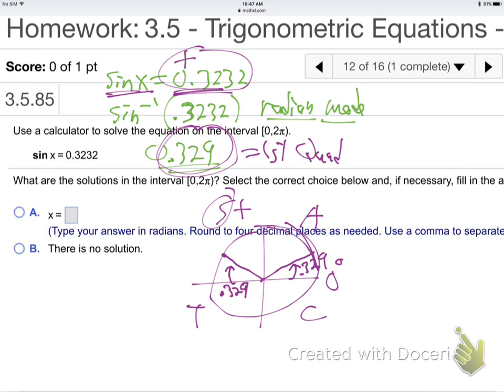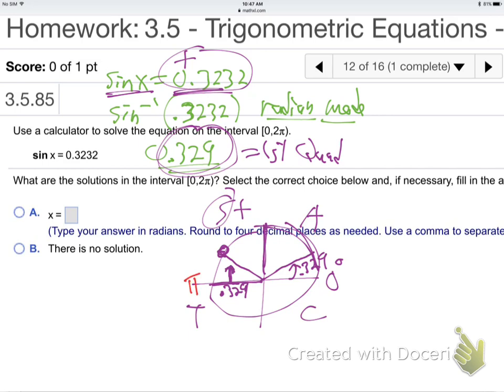So you come up 0.329 from the x-axis. That's what a reference angle is. It's from the x-axis. No, it's not from the y-axis. Always from the x. So how do you know where that is? Where is this right here? If it's up 0.329 from the x-axis.